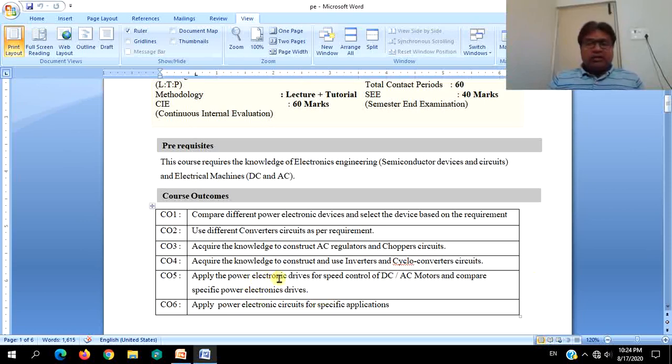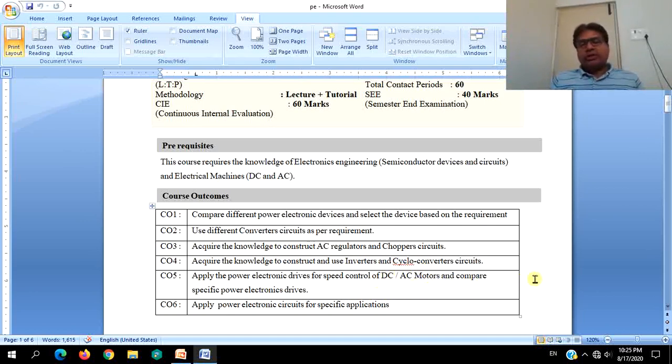In terms of power electronic converters, we mainly discussed the applications of rectifiers, choppers, inverters, etc. for the control of power electronic drives, that is, speed control of the particular prime movers used in those drives, which may be DC or AC motors.